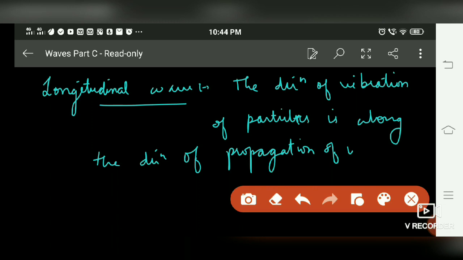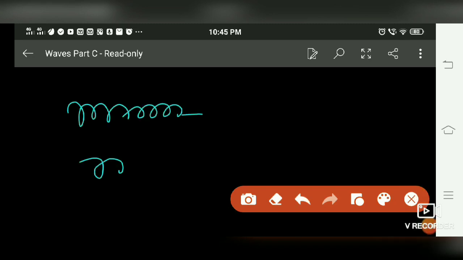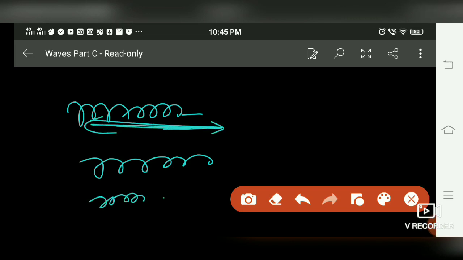It means that if a wave is propagating in this direction, the particles are also vibrating in this direction. Like if I have a spring and make it oscillate, it will oscillate to and fro like this, and the propagation is also in this direction.